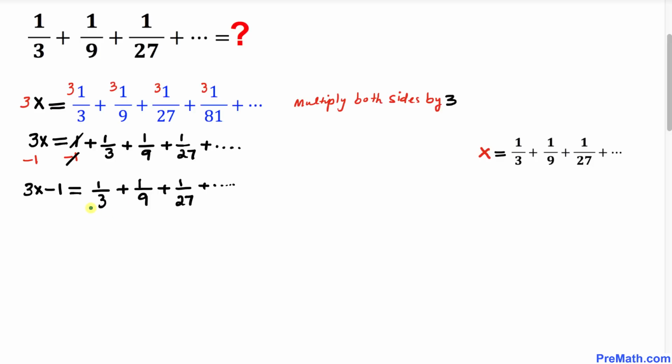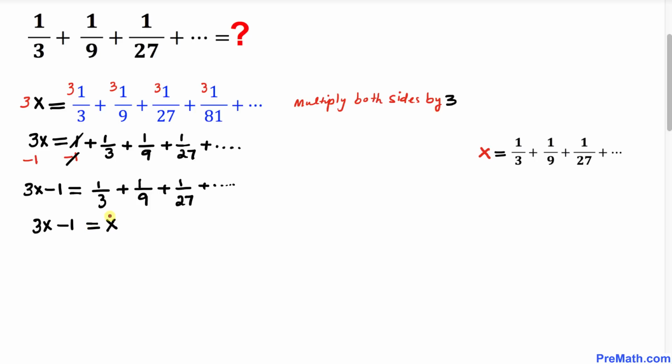And now let's focus on this infinite series on the right hand side. And we know that we assumed that this infinite series equal to x. So I am going to replace this infinite series on the right hand side by x. So therefore we can write 3x minus 1 equal to x.